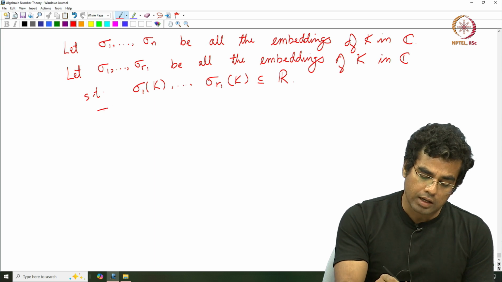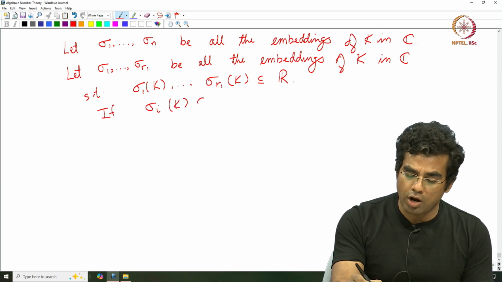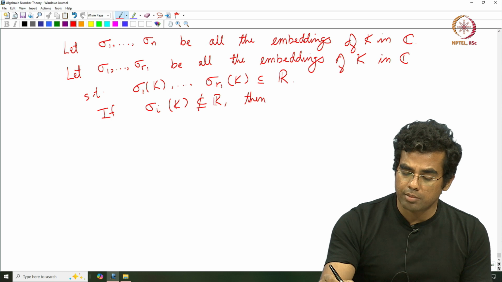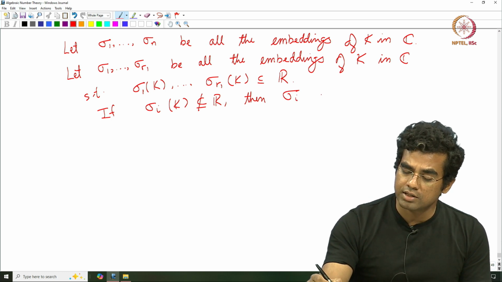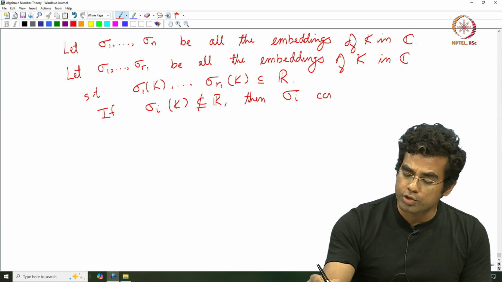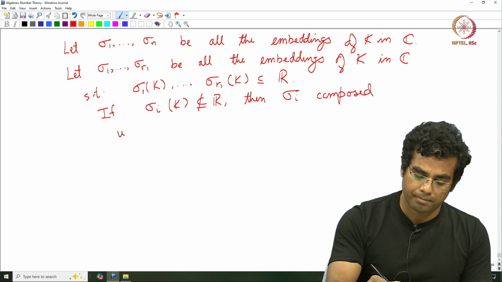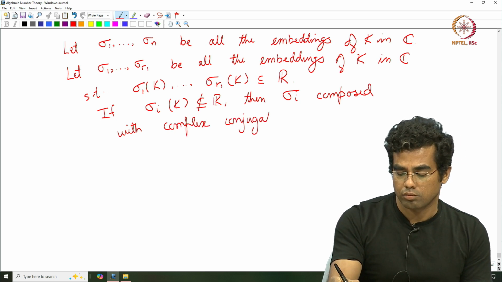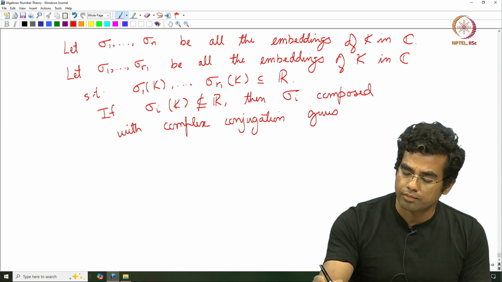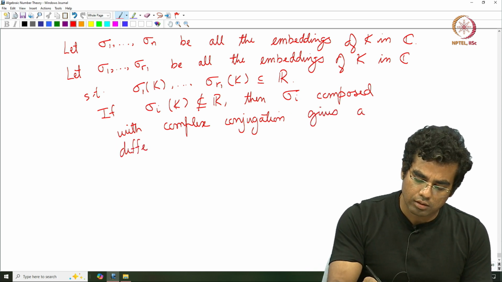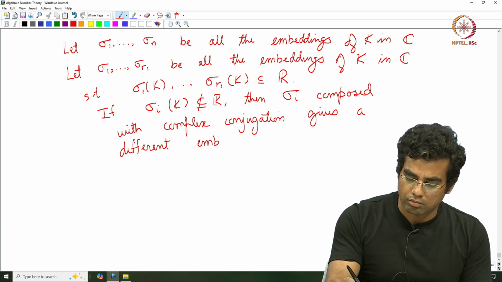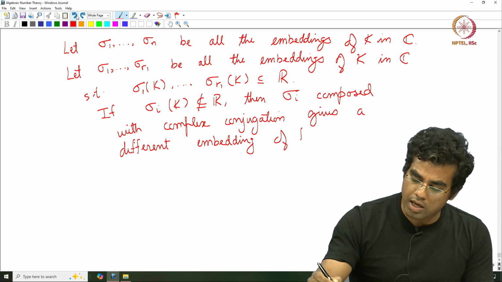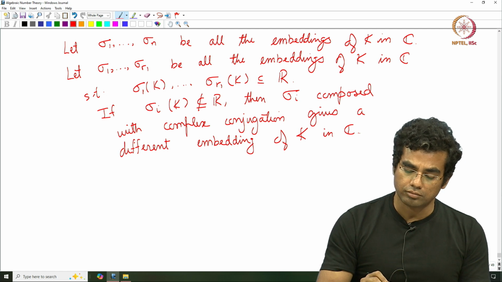Okay. And if sigma I of K is not contained in R, then sigma I composed with complex conjugation gives a different embedding of K in C. Okay.